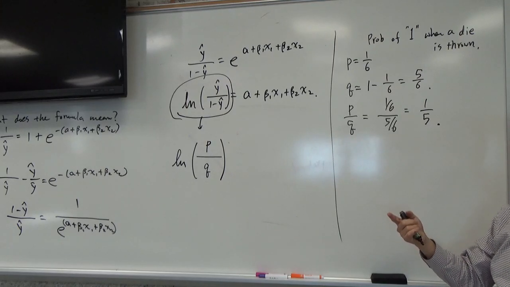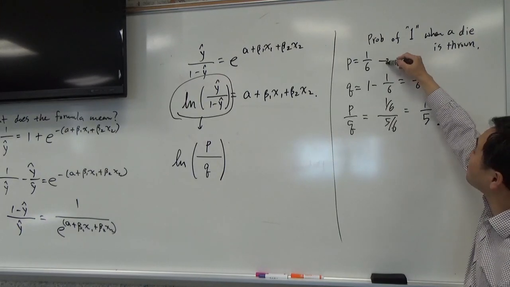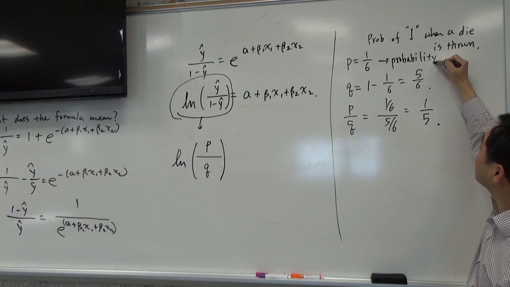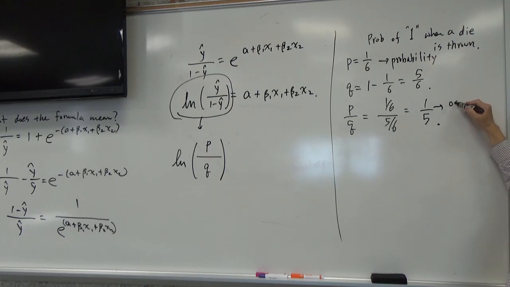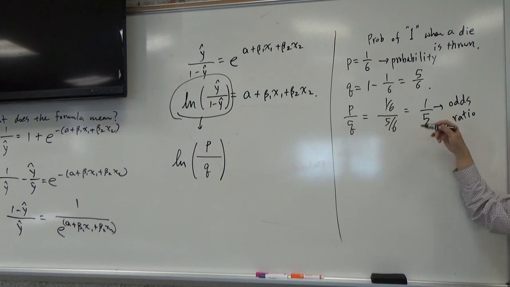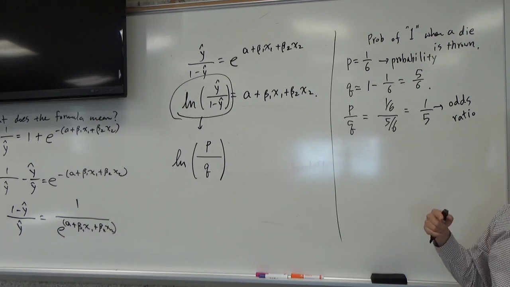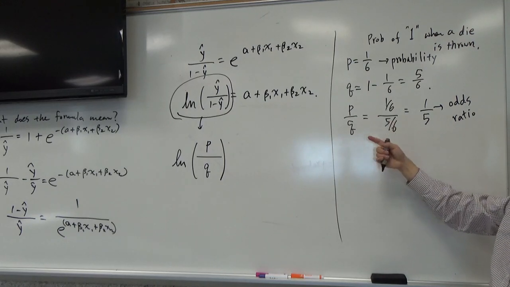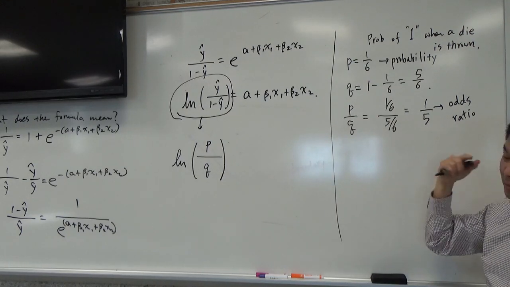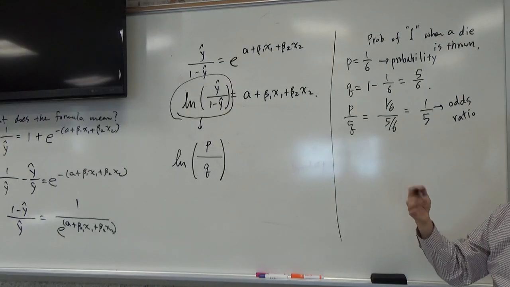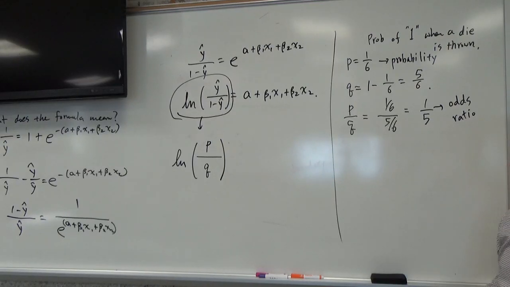You've heard that, right? So this one is called a probability, but this one is called the odds ratio. Often in betting you talk about there being 1 to 2 odds of you winning this bet or something like that.